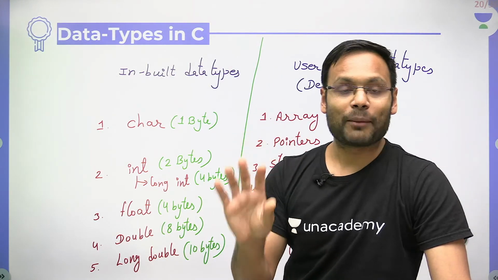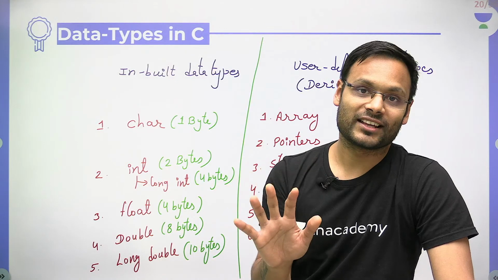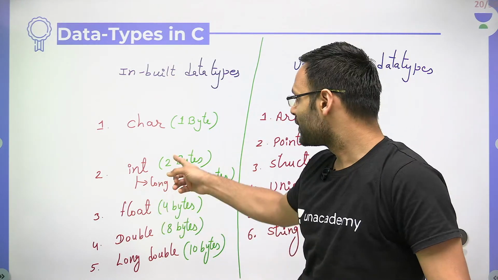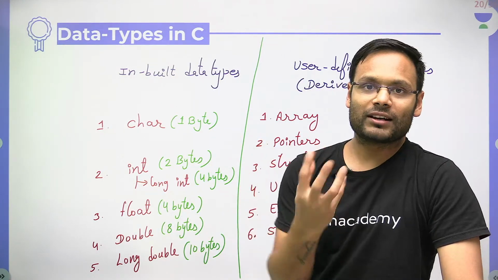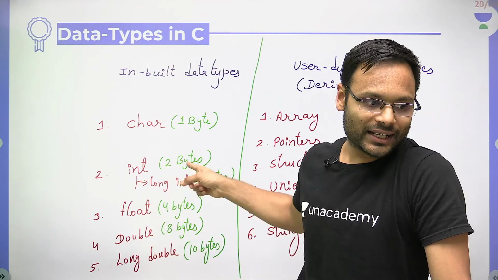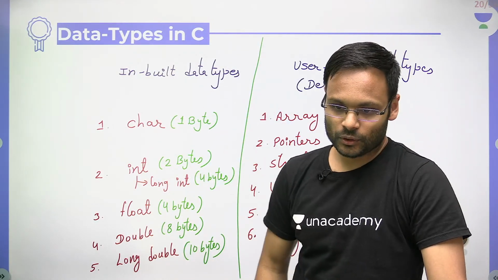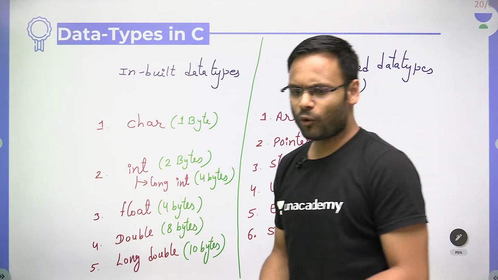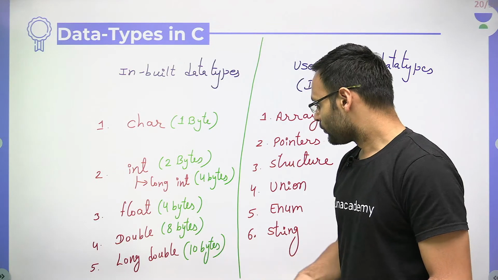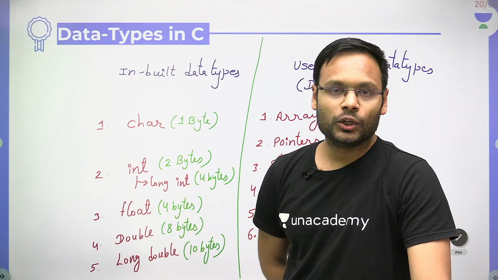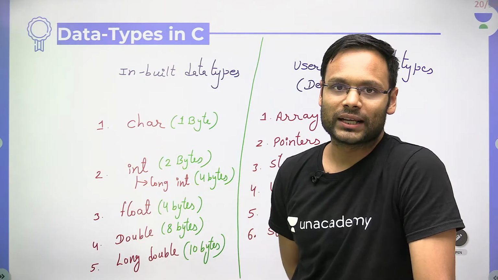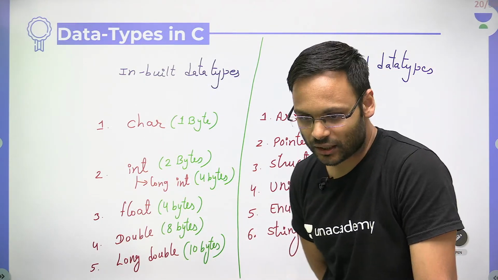Different compilers have different sizes of integer. But the standard compiler we use for the GATE purpose has 2 byte integers. Nowadays, if they want us to utilize any kind of size, they usually give us the size of each integer.